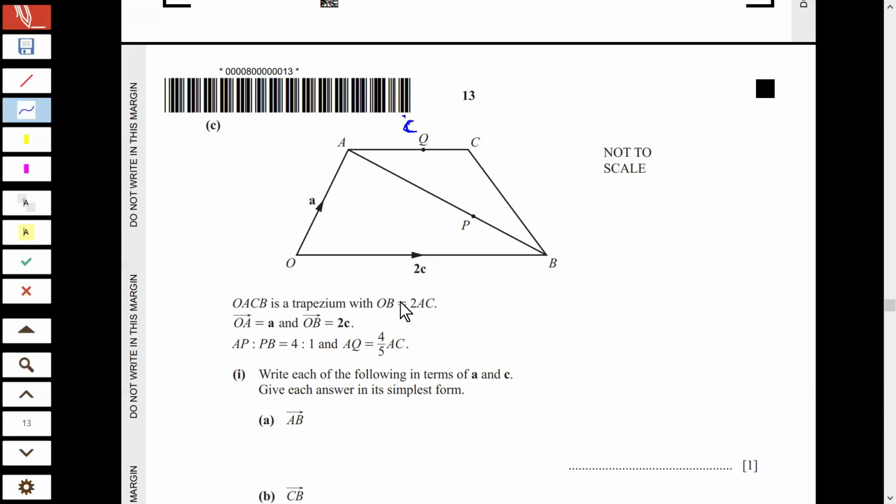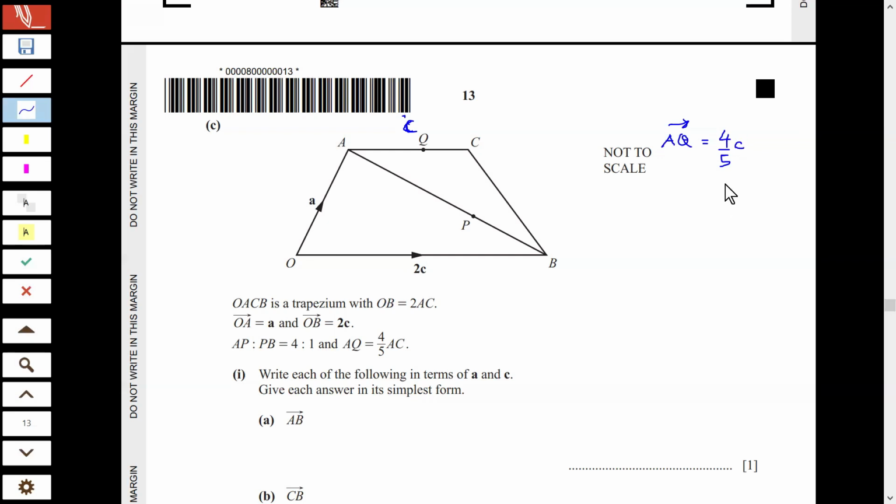And then we have AP ratio PB is 4:1, and AQ is 4/5 of AC. So we can just try to write some of the key points on the side. Now, vector AQ is equal to 4/5 AC. And AC is already C. It means 4/5 of C.